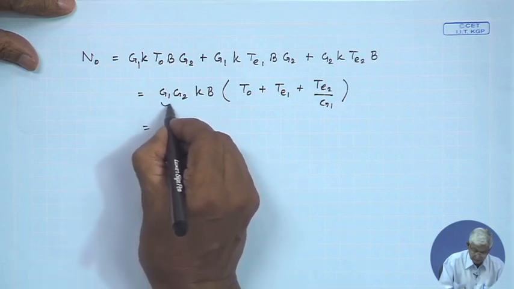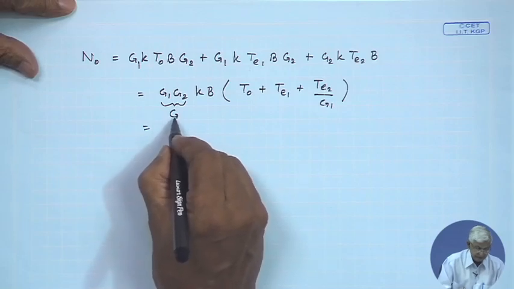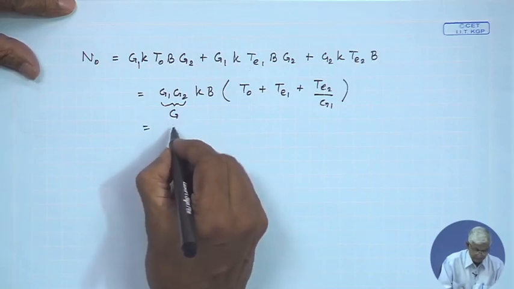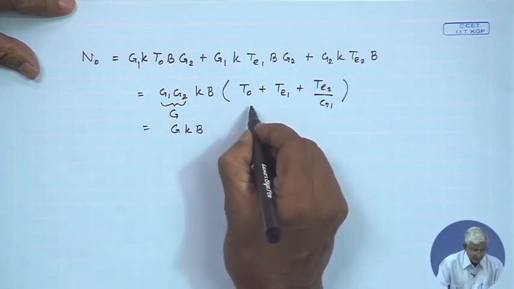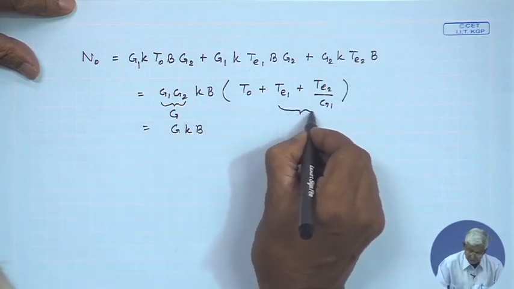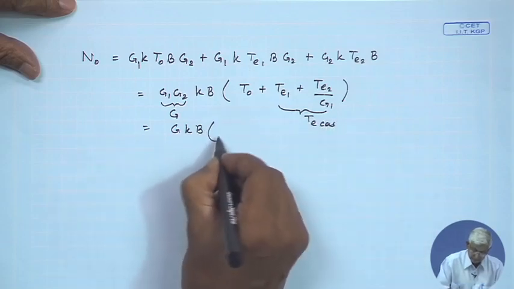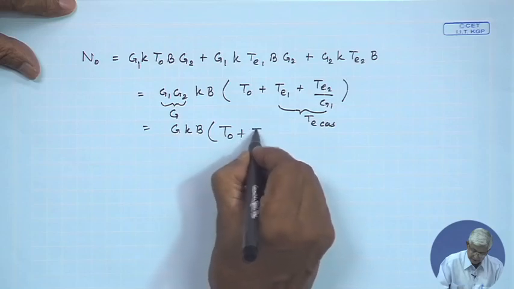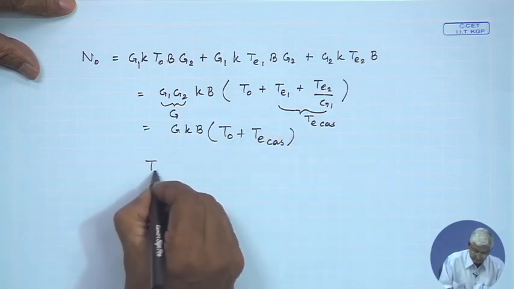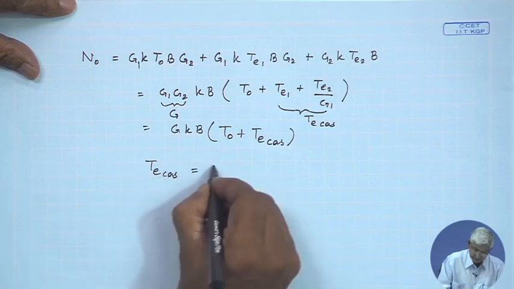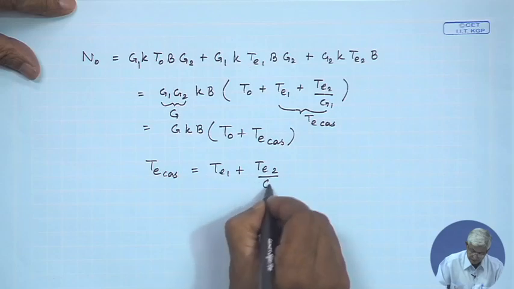Now, this one is the equivalence we have said, that total G. So, this is G into K into B, and this one we can say TE cascaded. So, then it will be T0 plus TE cascaded. That means TE cascaded is equal to TE1 plus TE2 by G1.